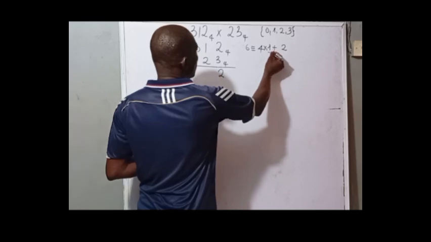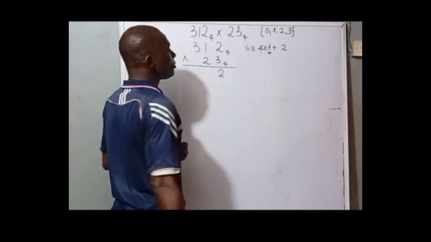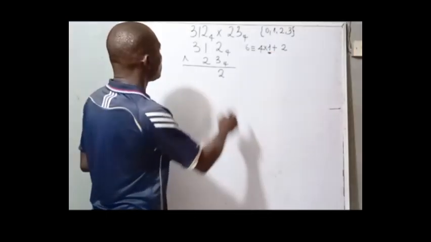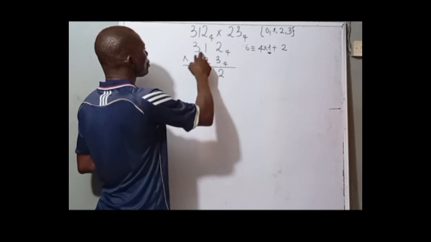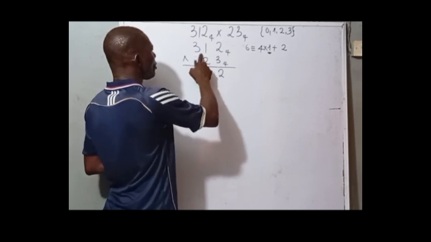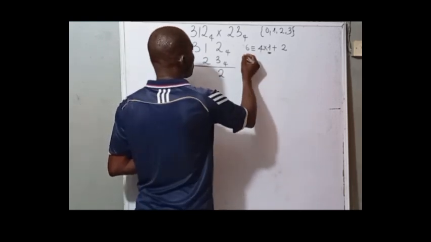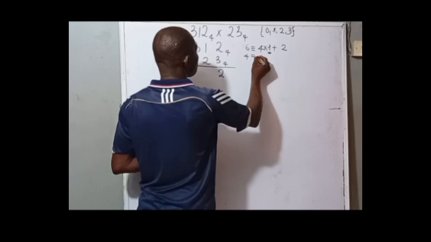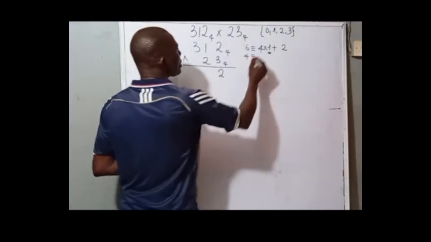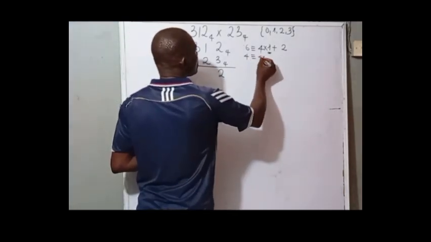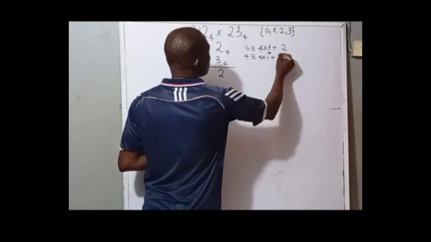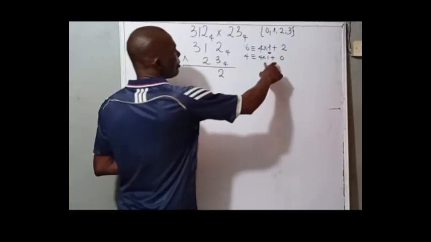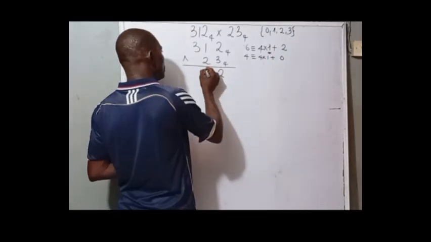The one we carry, we add to the next result. The next one is 3 times 1, which is 3, plus this one makes 4. And 4 is 4 times 1 plus a remainder of 0. Remember, we always write that remainder, so here we put 0.